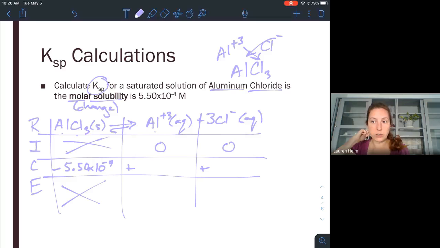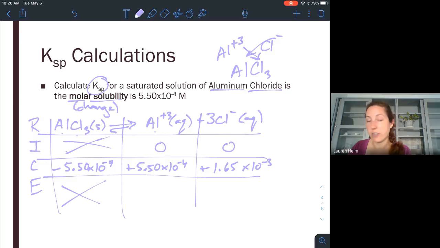Again, we're going to use the coefficients to establish our mole ratio: 1 AlCl3 for every 1 aluminum ion. So we're going to have plus 5.5 times 10 to the negative fourth molar. For every 1 aluminum chloride, there are 3 chloride ions. So we take that 5.5 times 10 to the negative fourth and multiply it by 3, and we get 1.65 times 10 to the negative third.